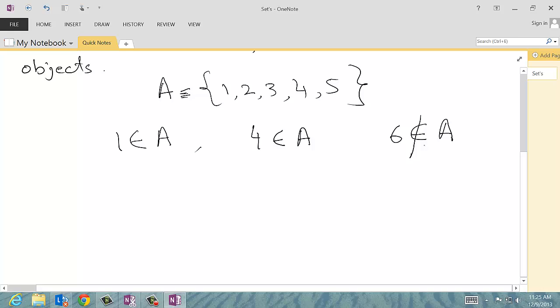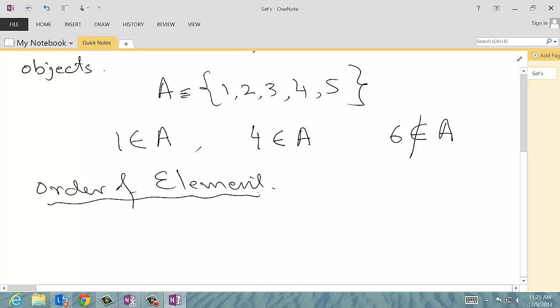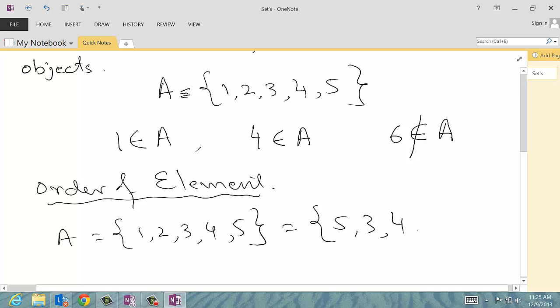Okay, the next thing we are going to talk about is the order of elements. Does it matter if we write set A as 1, 2, 3, 4, 5, or we write the same set as 5, 3, 4, 2, 1?